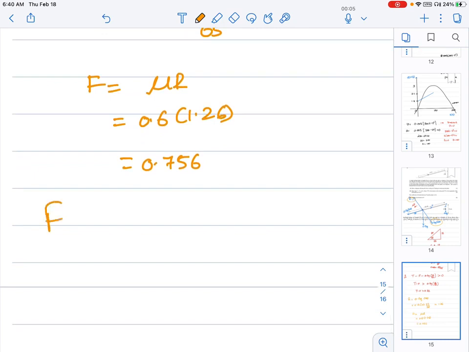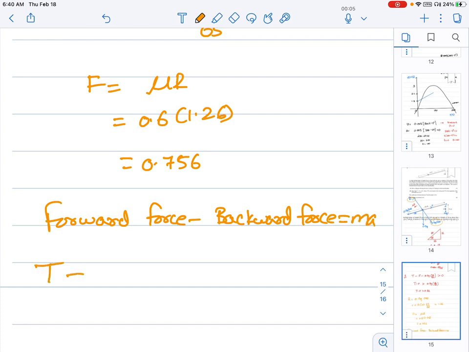Now I know that forward force minus backward force is equal to MA. Forward force was tension, minus backward force was my frictional force, minus 0.32 is equal to MA.